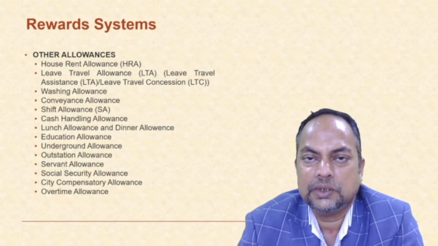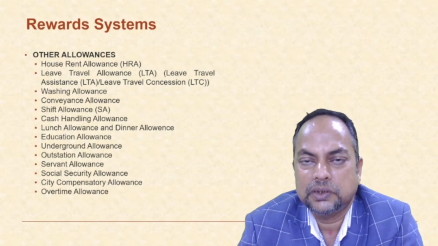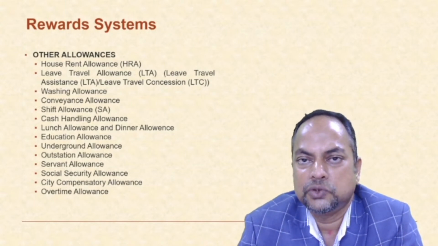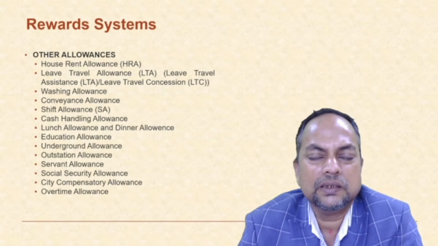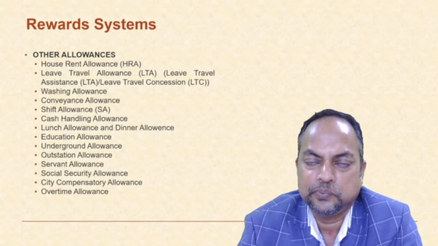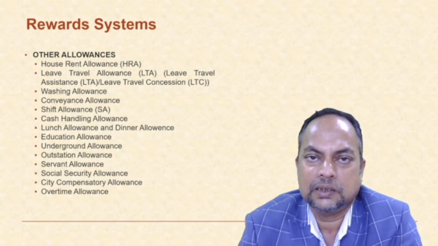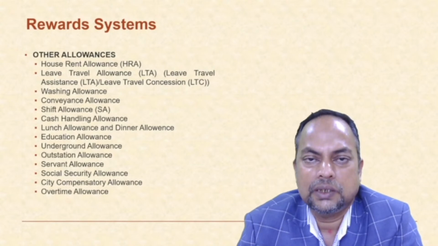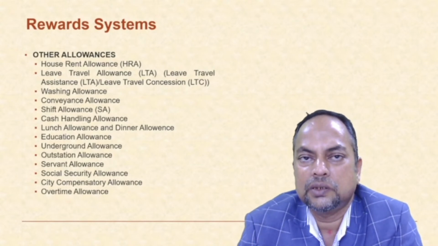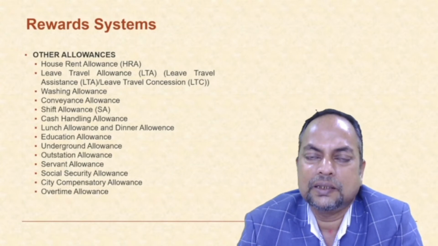And we do talk of education allowance. Education allowance, of course, can be taken in two different ways. One is education for the concerned person himself, and the other is education for the children of the employees, right? When I talk of the basic education of the employees in my factory, if it is at matriculation level, I must promote my employees to go for some higher education, maybe in distance mode, which will not affect their day-to-day work schedule, or maybe they may go for evening classes to get their degree certificates.